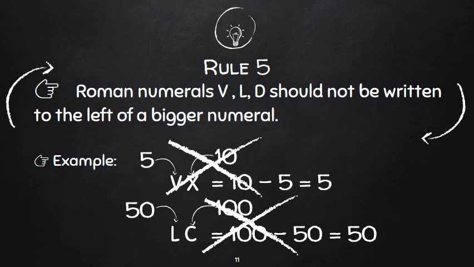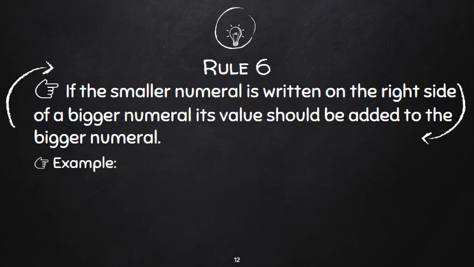So let's come to another rule, that is rule number 6. If the smaller numeral is written on the right side of a bigger numeral, its value should be added to the bigger numeral. Let us understand this rule with the help of an example. Now see XV.